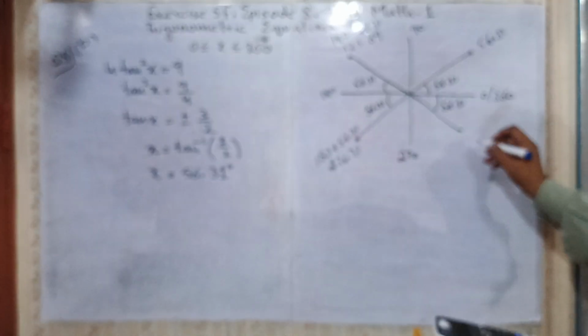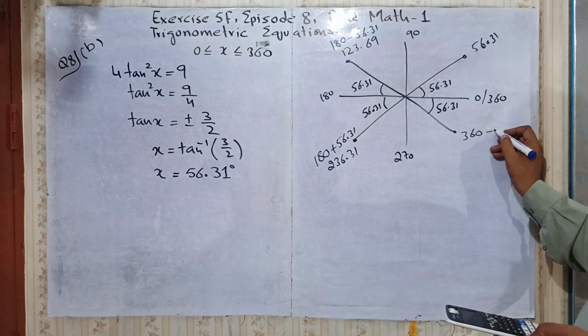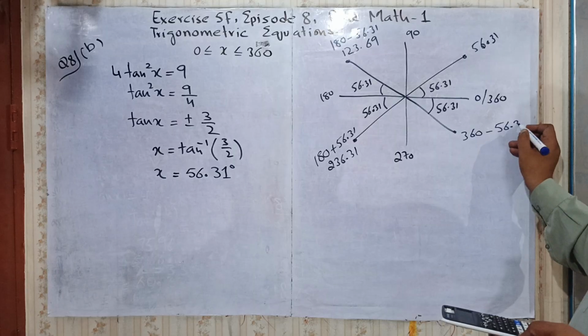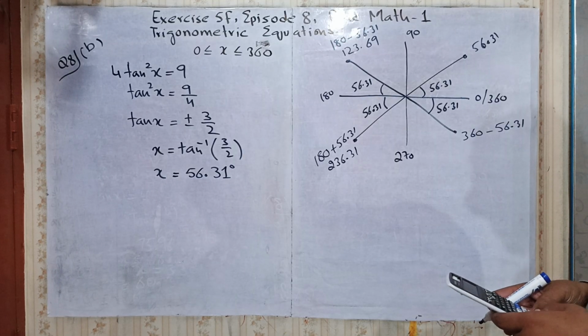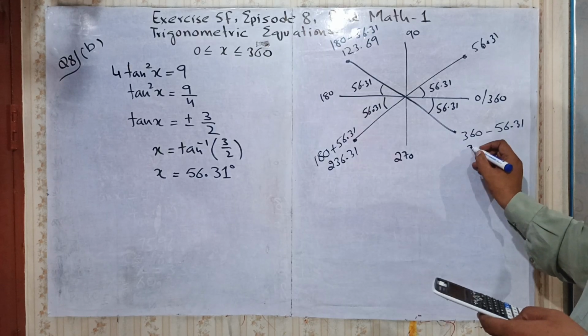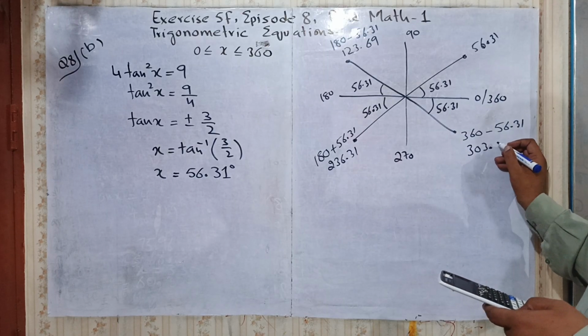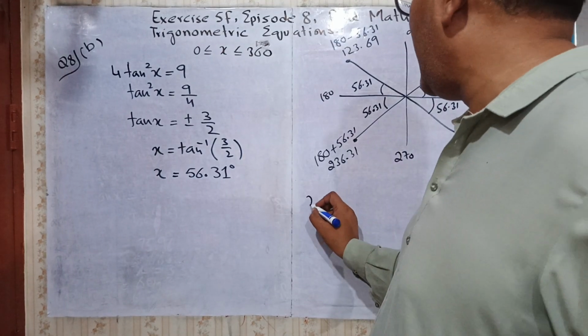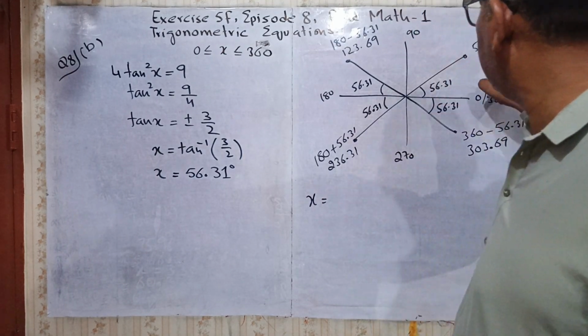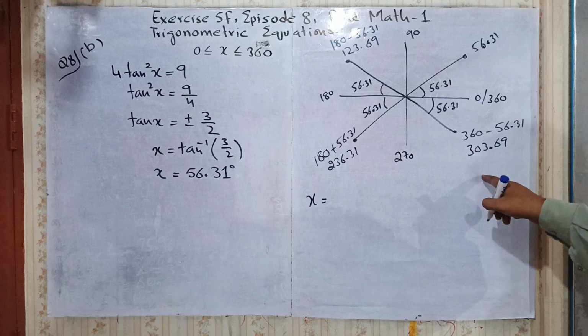And this angle will be 360 minus 56.31, and that is 303.69. So the values of x are this angle, this angle, this angle, and this angle.